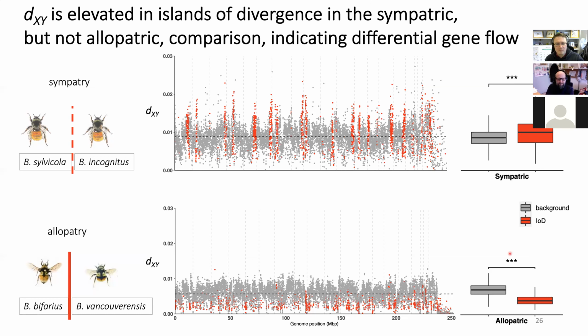So this shows that there's possibly two different processes going on. And as I mentioned earlier, this elevated DXY is a fairly robust signal of differential gene flow, which suggests that maybe these regions are acting as barriers to gene flow in the sympatric comparison, or in the history of their divergence.